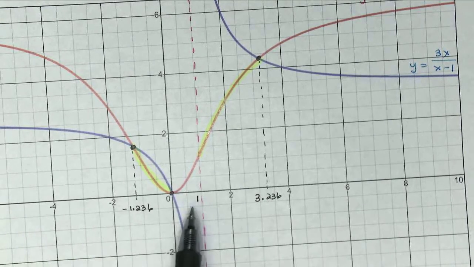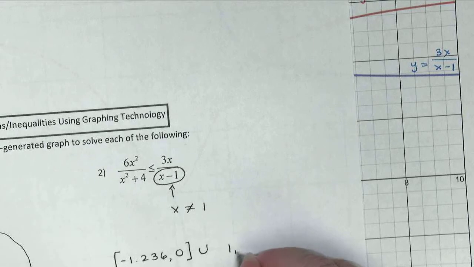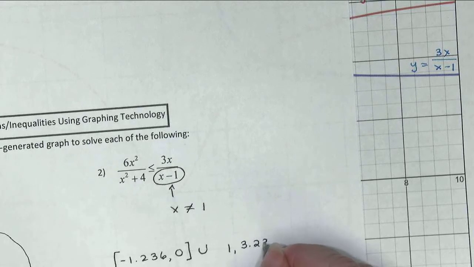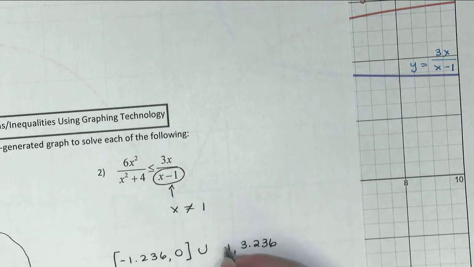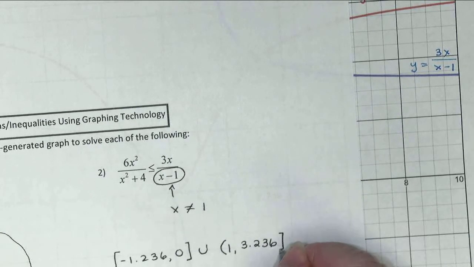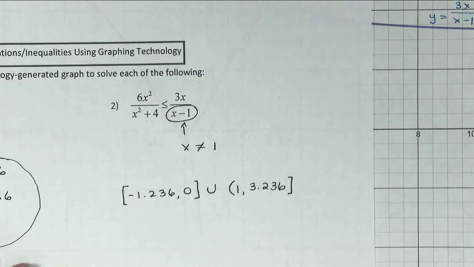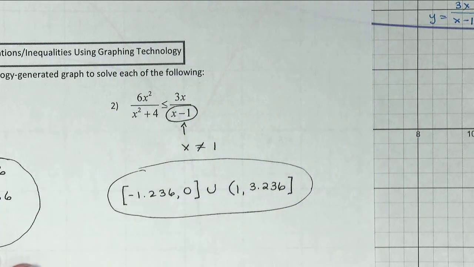So I'm going to go from 1 to 3.236. Now x can't equal 1. That was an asymptote, so I have to use a parenthesis there. But I can go back to the bracket at the end here. And there's my technology solution to that inequality.